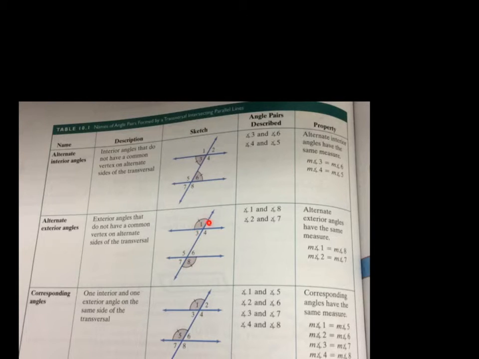Notice they're on the outside of the X. If you think of this, that forms an X, and this is the outside or exterior. Here's your other two lines, your X, and it's on the outside. So in this diagram, here's your 1 and here is your 8. So exterior angles, of course, have the same measure. Again, notice M, the measure, and you have an equal sign.